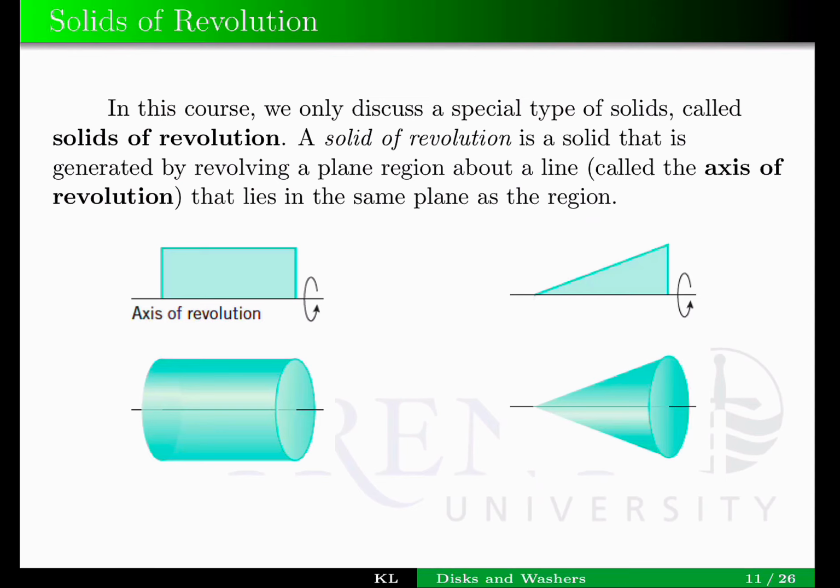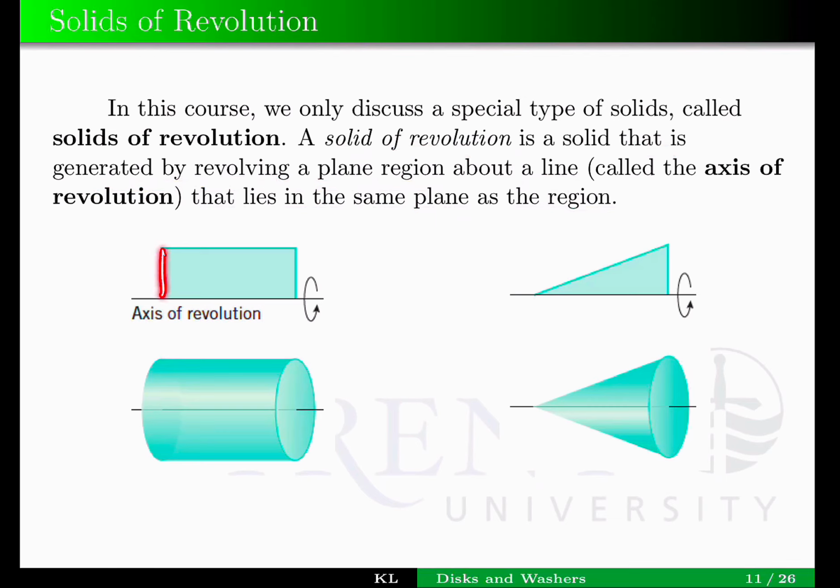We call these solids of revolution. So a solid of revolution is a solid that is generated by revolving, take note of that, revolving a plane region about a line, which we call axis of revolution, that lies in the same plane as the region.